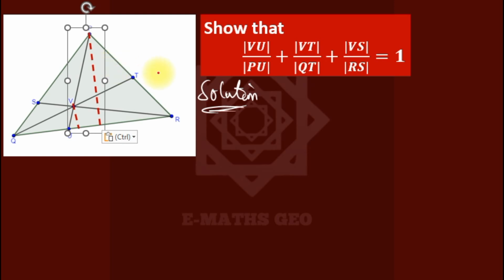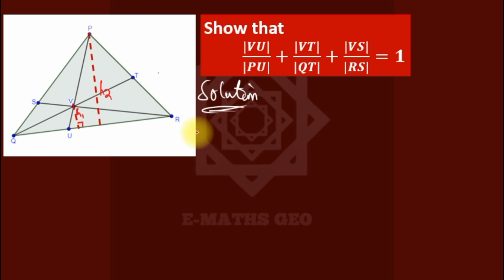So we're trying to compare triangle VQR and triangle PQR. So this is the height of the first triangle. Let's call it H1, that's the small one, while the big one is H2.